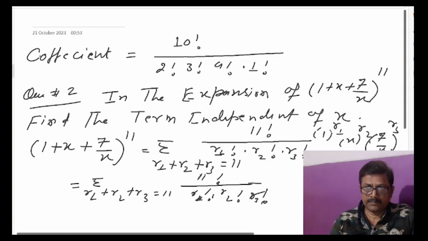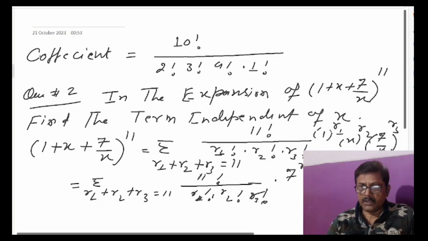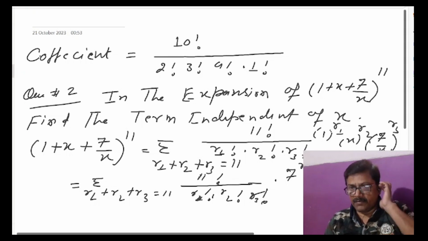Okay. 1 to the power r1 is what? 1. Okay. Now 7 to the power r3. Correct? So this is x to the power r2 and this is x to the power r3, so into x to the power r2 minus r3. Okay. So I simplified it. Correct?